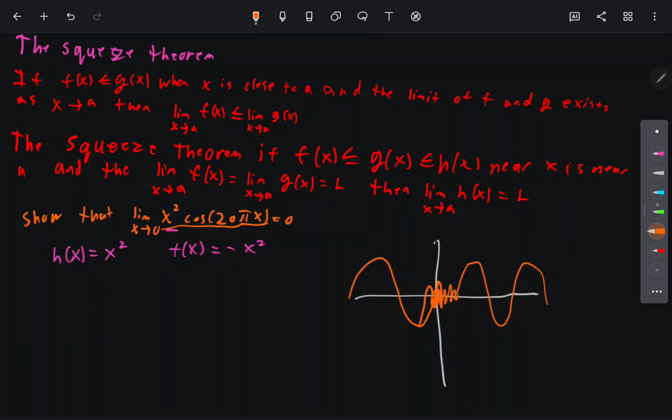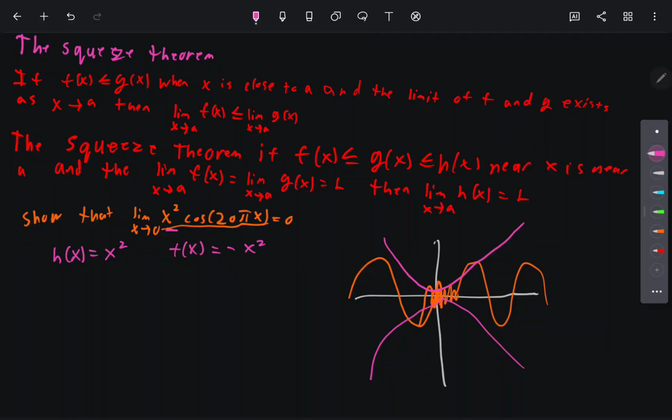But we can line up these parabolas, and sorry, my drawing here does not reflect this, to kind of squeeze, because we know that no matter what, the maximum value of this function is going to be defined by this parabola. This cosine is going to either be equal to 1 or less than 1, so it's going to always be smaller than the parabola. So this x squared is always going to define the largest number.